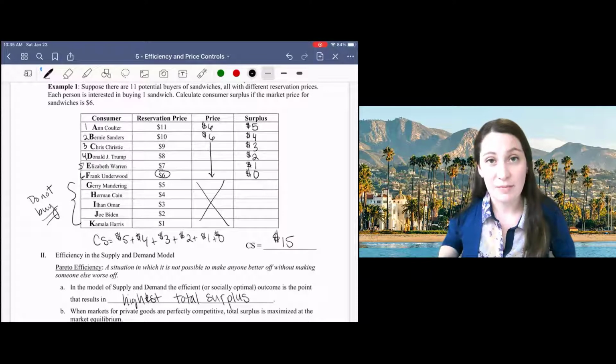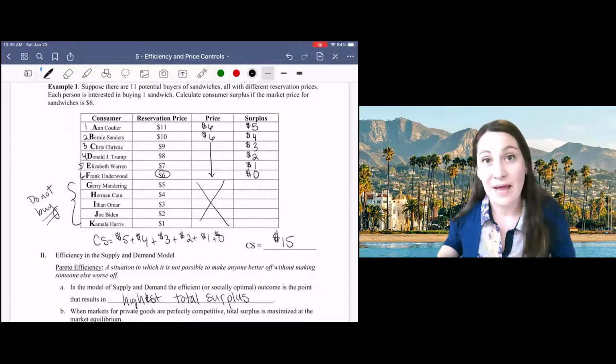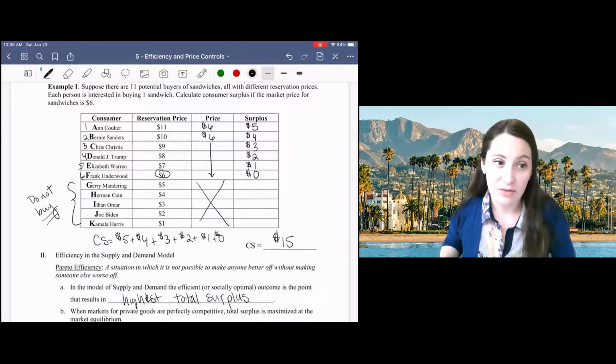The socially optimal outcome here is to have 6 trades, 6 sandwiches for sale, so that we get benefit to all 6 consumers, and we don't have any sandwiches left over. So the socially optimal quantity in this example was 6.